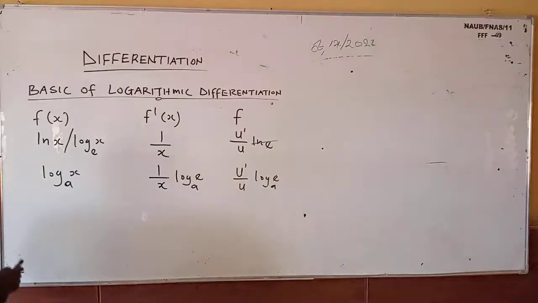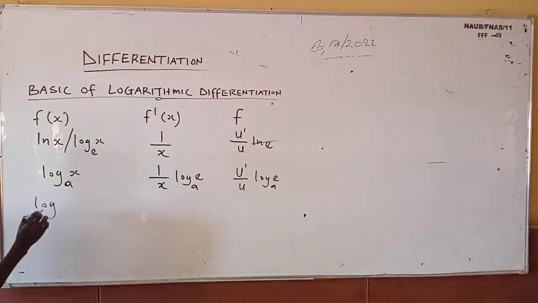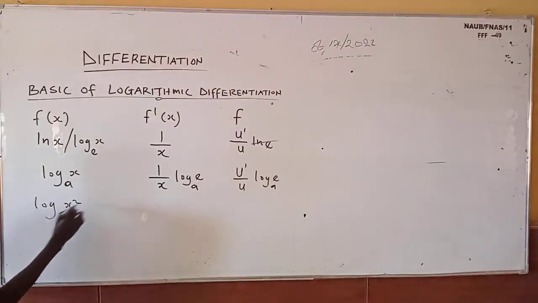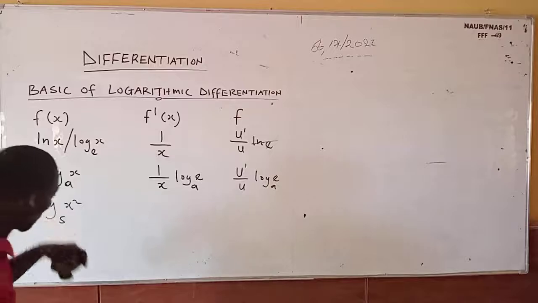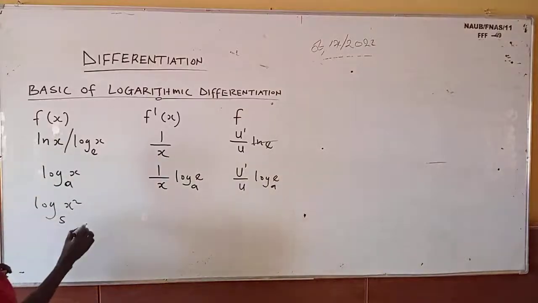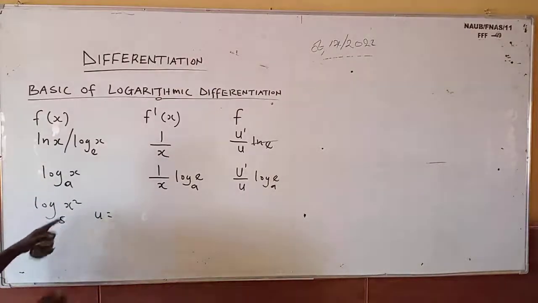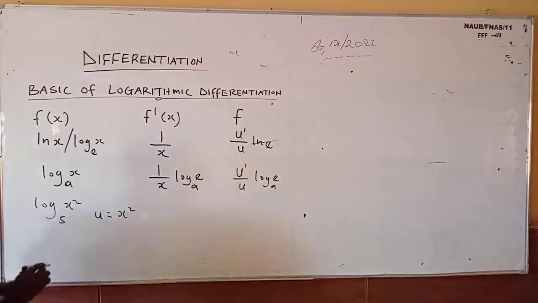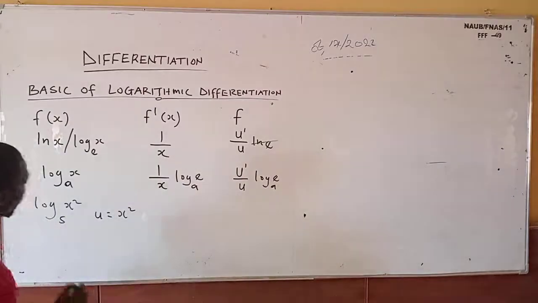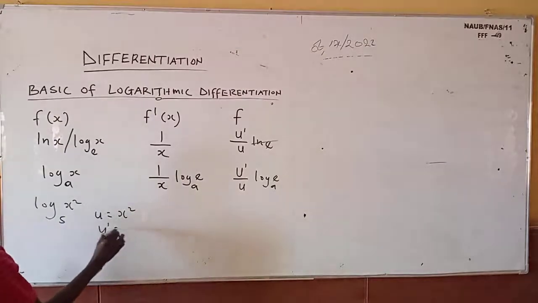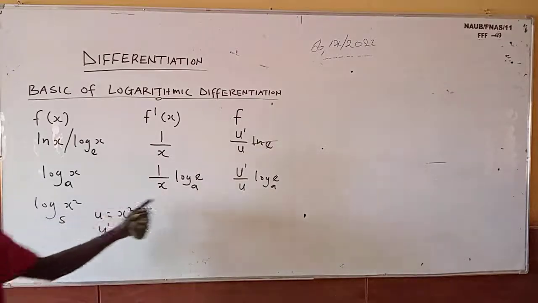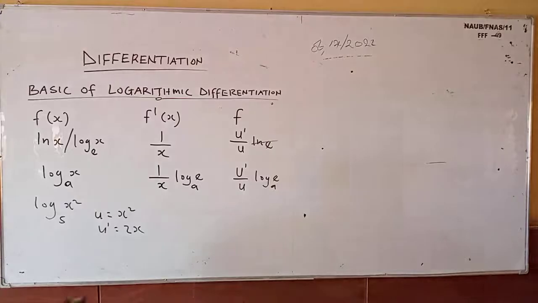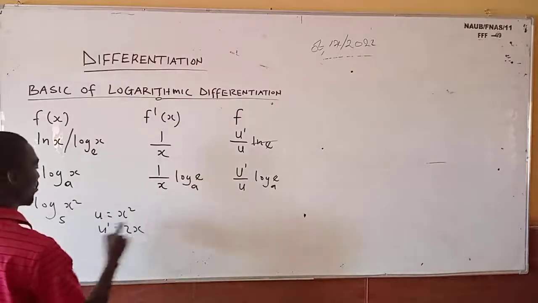Okay, let's look at this now. You have log of s squared to the base a, where a is 5. Now, what are you going to do? We say u should be equal to s squared. So if u is equal to s squared, u prime is going to be 2s, right? So now go back to your formula. It is u prime over u, times log e base a. What is u prime?